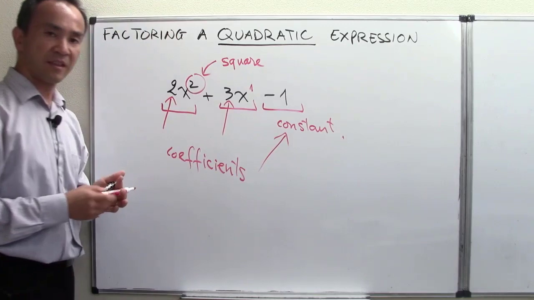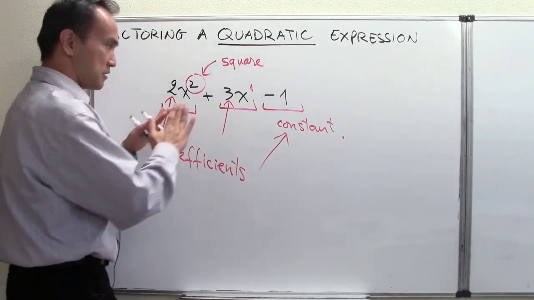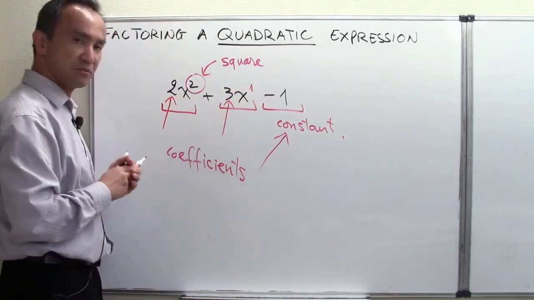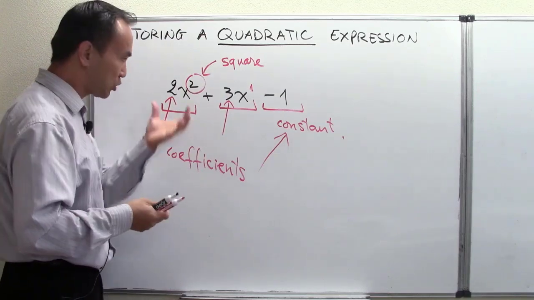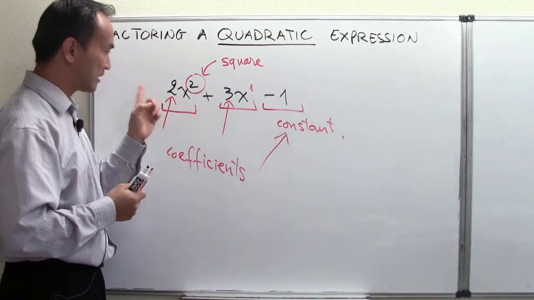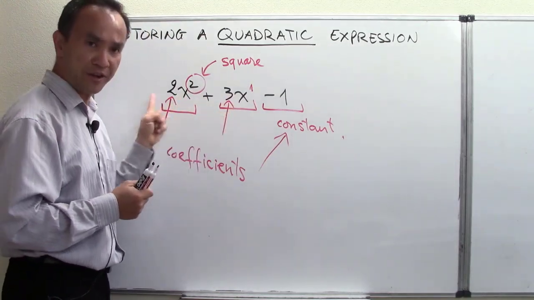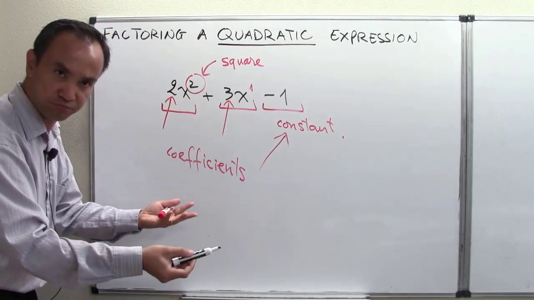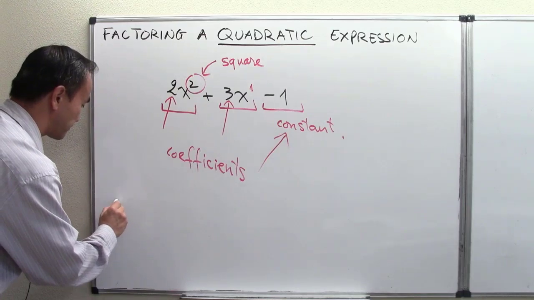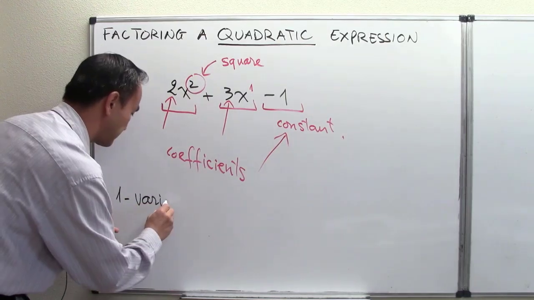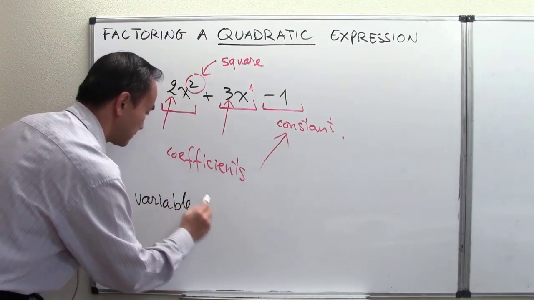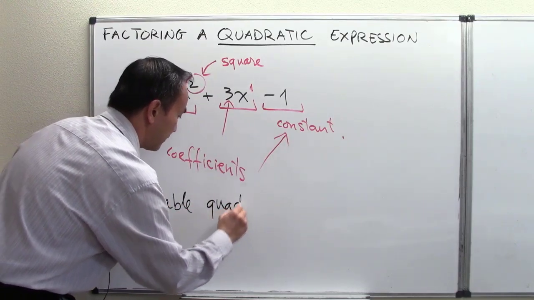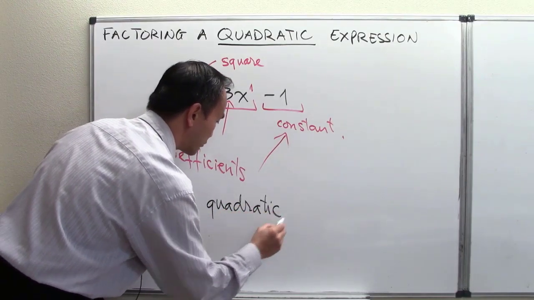Another detail about this quadratic expression that I brought up is that it's only involving one variable. So the first major class of a quadratic expression is a one variable quadratic.